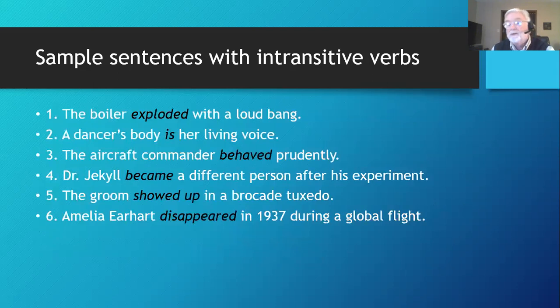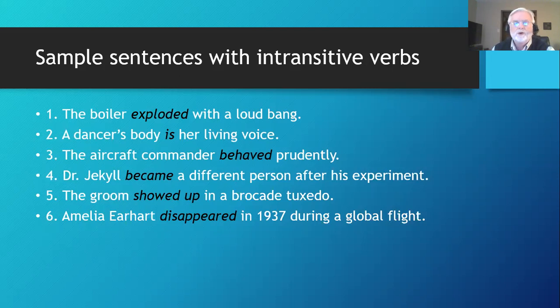Here are some sample sentences with intransitive verbs. The boiler exploded with a loud bang. A dancer's body is her living voice. The aircraft commander behaved prudently. Dr. Jekyll became a different person after his experiment.